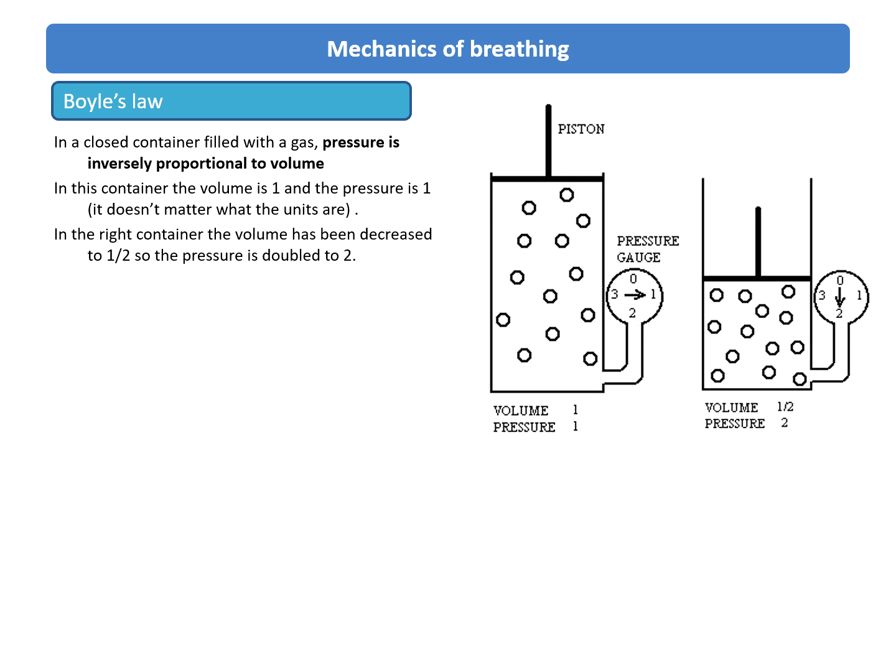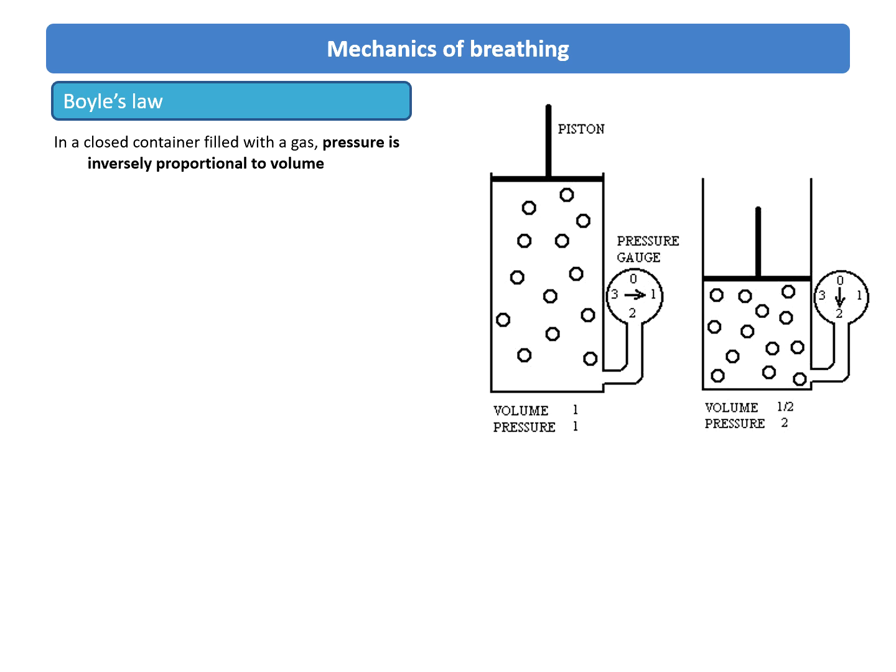The container to the right, the volume has been decreased by 1/2, but the pressure has been doubled. How many particles are in the left container? 13. How many are in the right container? 13, the same particles.